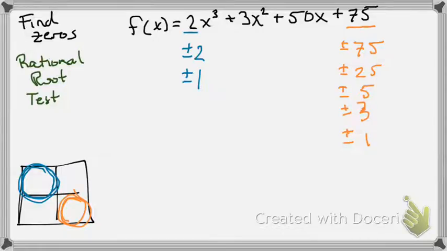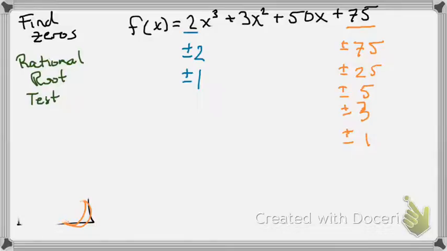And what the rational root test says is take all of the factors of that constant, the orange terms there, and you're going to divide them by all of the factors of the lead coefficient.